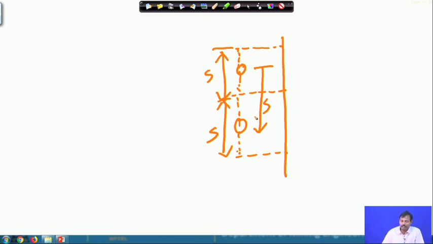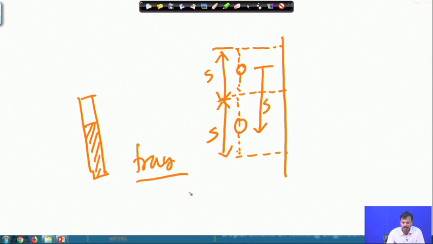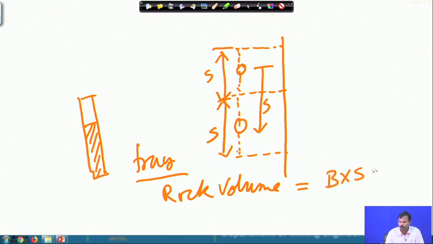This is essentially required because the charge placed in a hole is basically fragmenting the rock volume which is equal to burden into spacing into bench height.